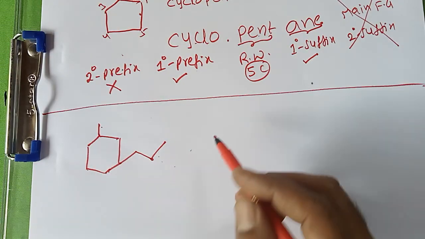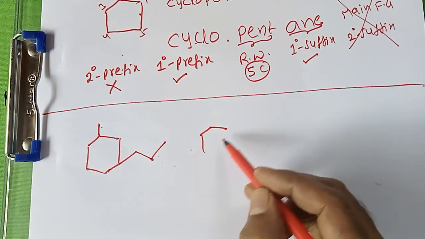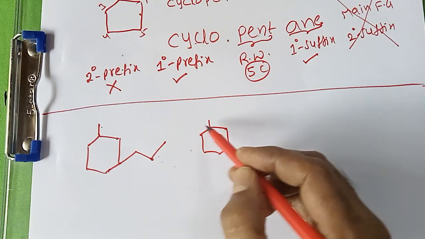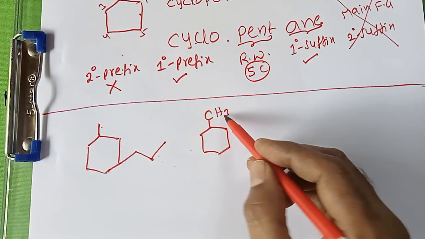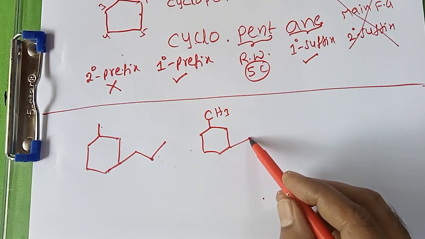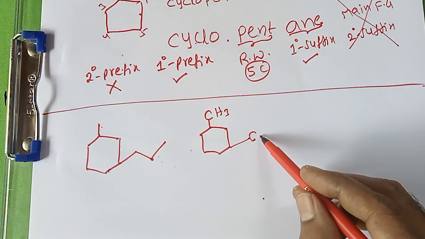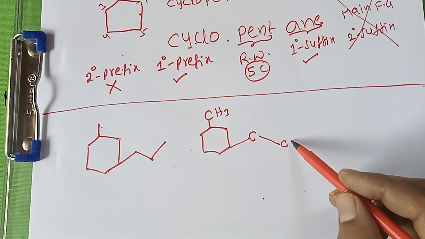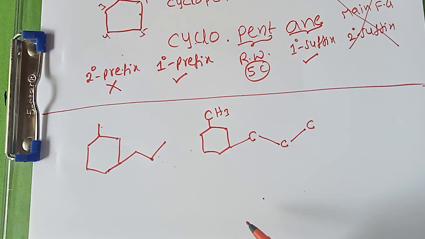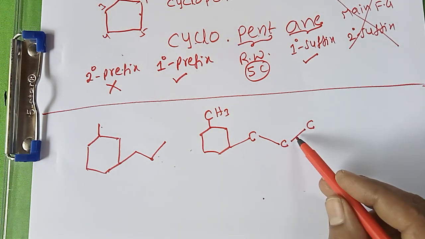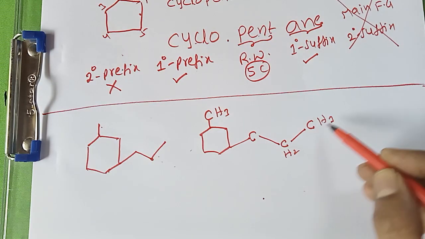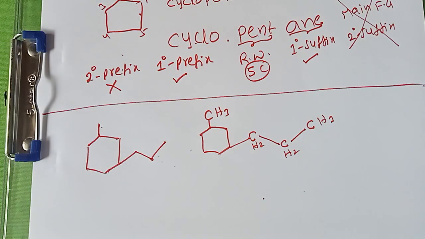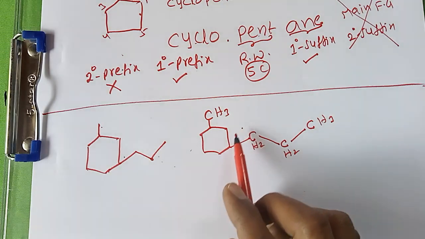They give this complete structure, like this. This line means one carbon. So how many hydrogens? 3 hydrogens. And here this line means one carbon, and down one line means one carbon, up one line means one carbon. So this carbon has 2 bonds completed. Remaining 2 are hydrogens, CH2. Here CH3. Here also CH2. So this is the structure of this.